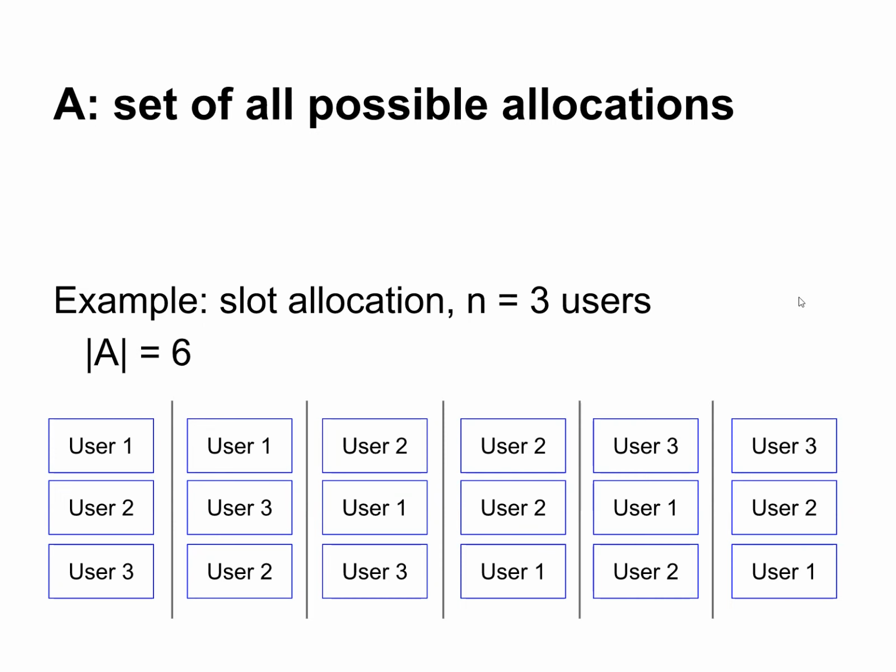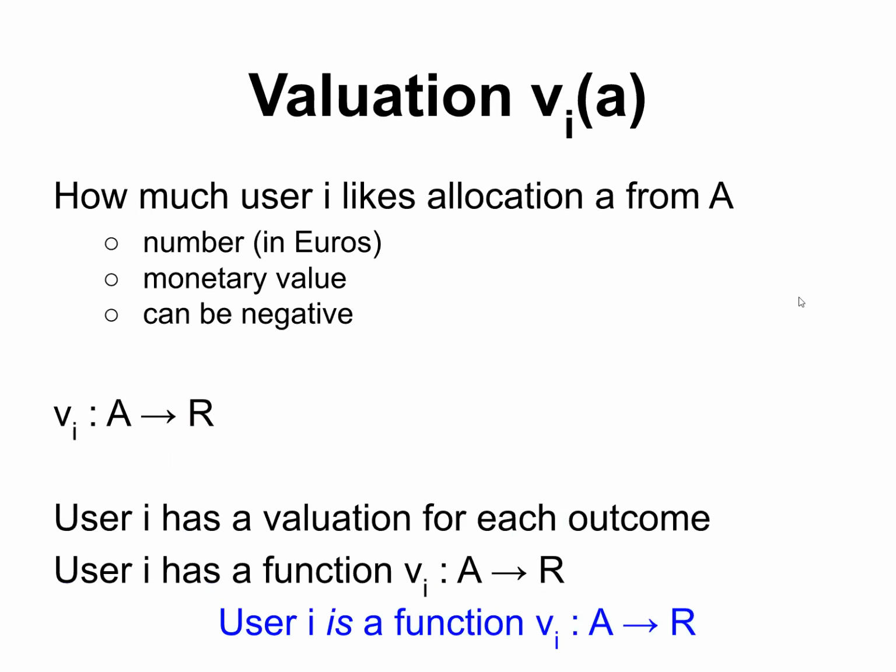Right. So here we have this set A listed explicitly. There could be other ways to list the possible allocations. Okay, the next very important thing: the valuation. So what is the valuation? Well, it's really a function. It's indexed by the user, and it's a function of an allocation.